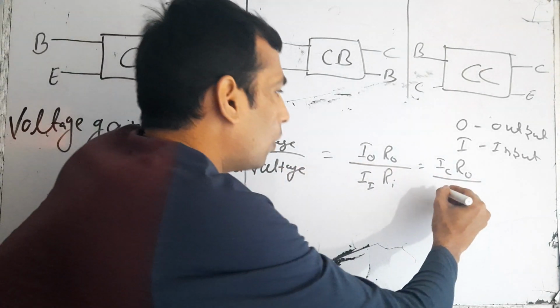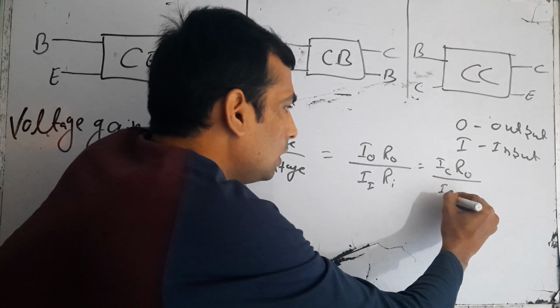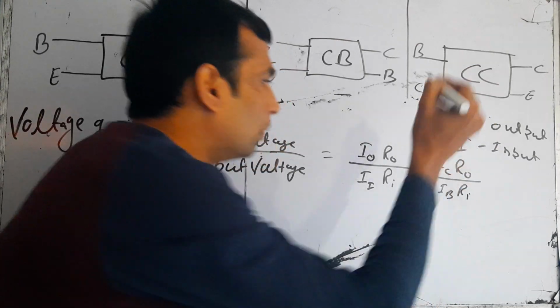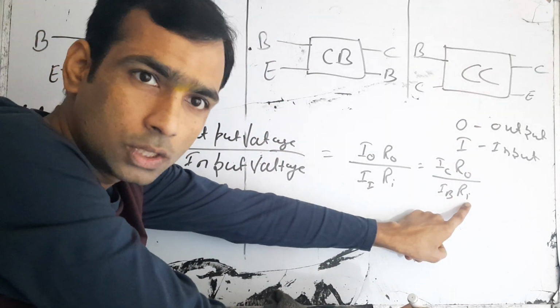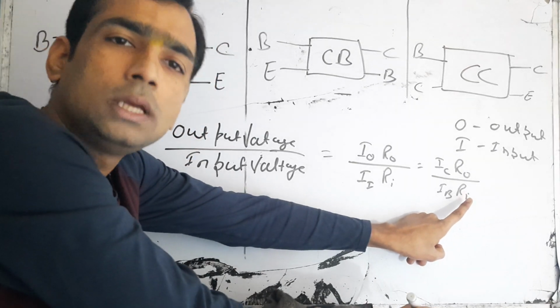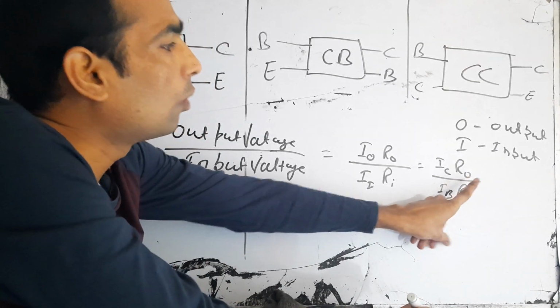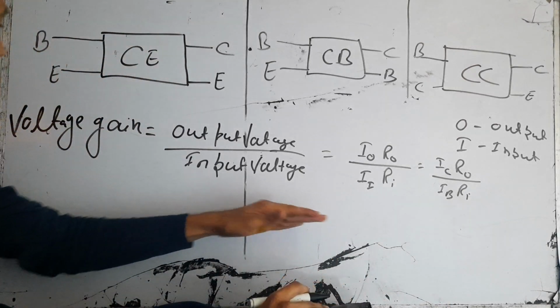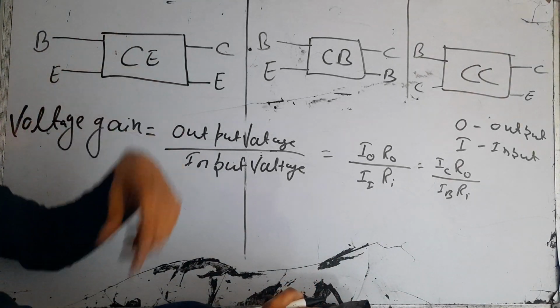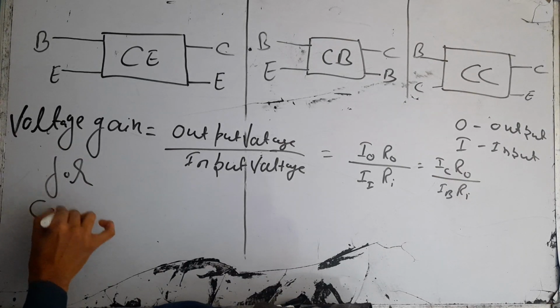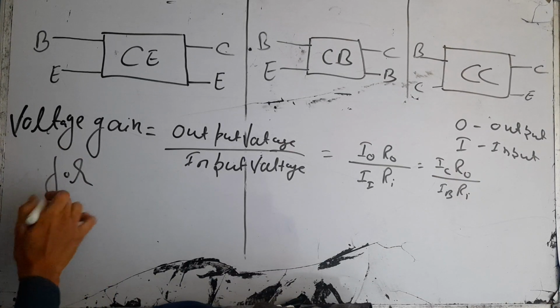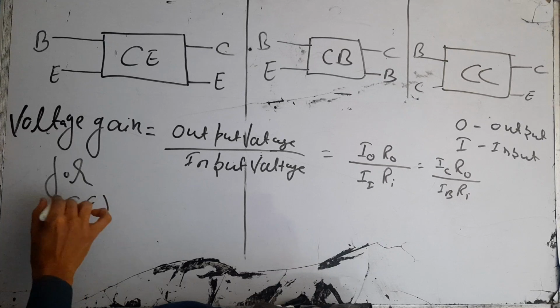So this is IB into R input. RI means resistance input, RO means resistance output. So this is the voltage gain for common emitter, in short form CE.